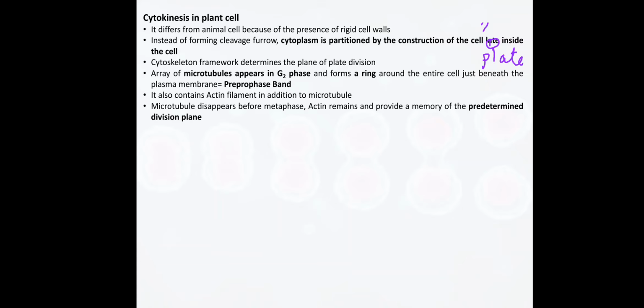Cell plate inside the cell. Cytoskeleton framework determines the plane of cell division. An array of microtubule appears in the G2 phase itself and forms a ring known as pre-prophase band. It also contains actin filament.